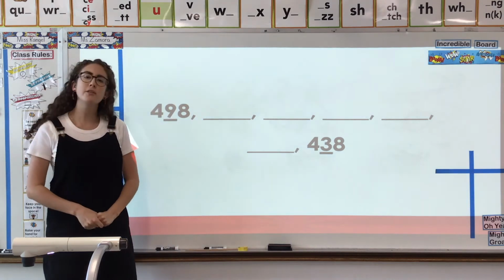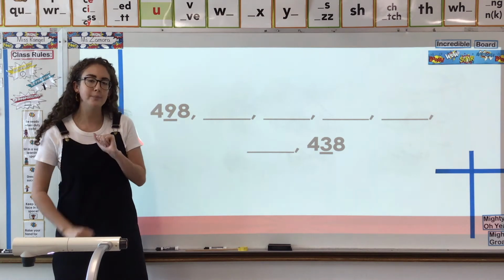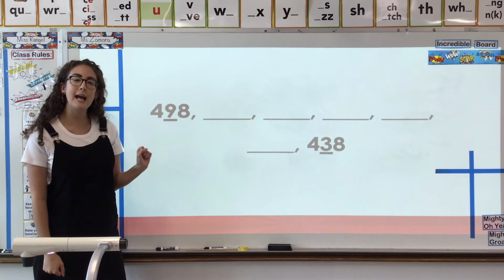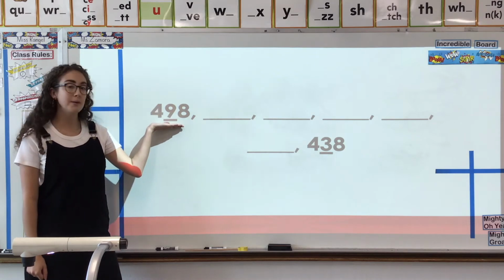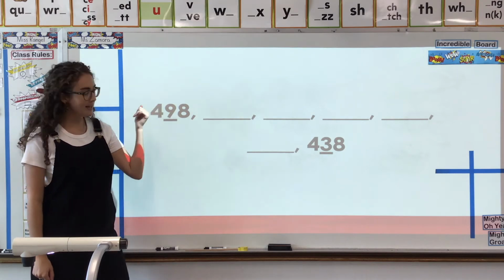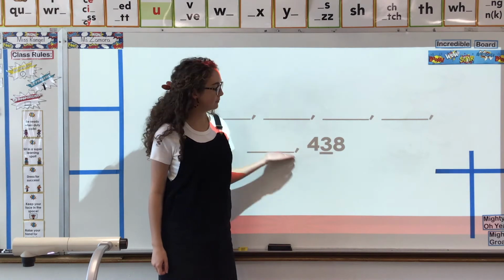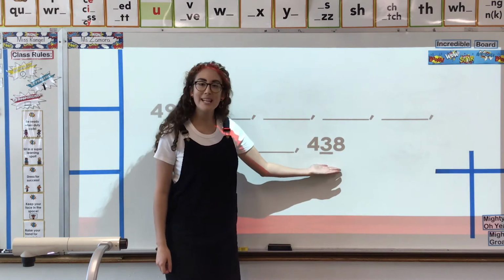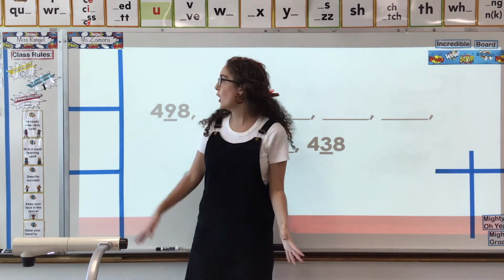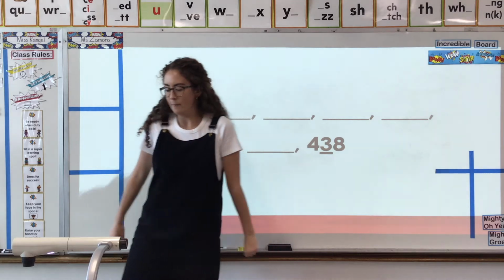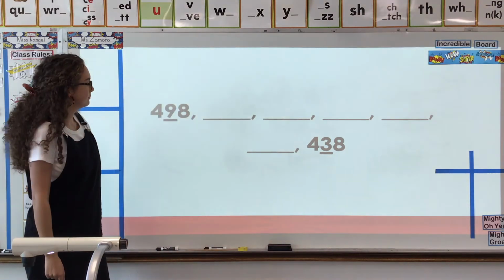Okay, so first we got to figure out a game plan. How many tens are in 498? How many tens? 9. And how many tens are in 438? 3 tens. So if we want to go from 9 tens to 3 tens, what are we going to do?